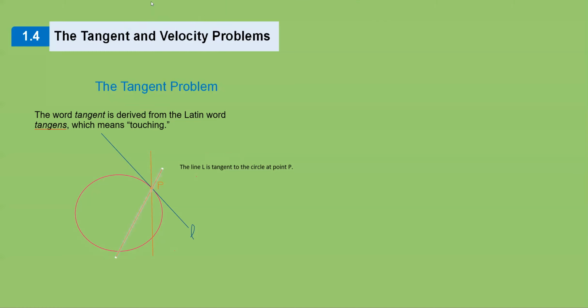That also goes through point P, but it crosses the circle at two different points. In that case, the two orange lines are not called tangent. So the only line that is tangent to point P of the circle is the blue line. There can be only one line that crosses point P and is tangent to the circle.